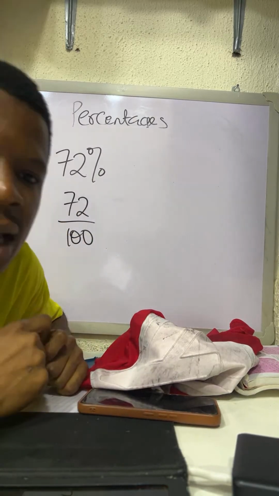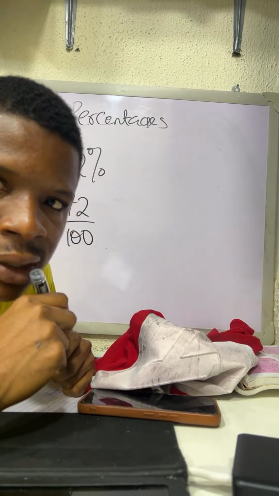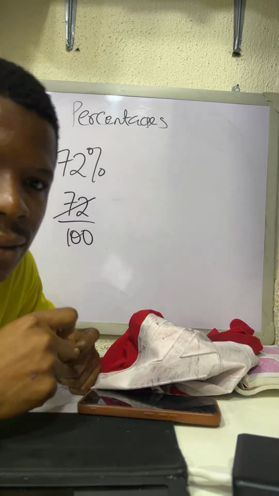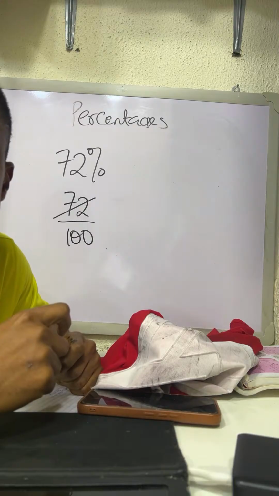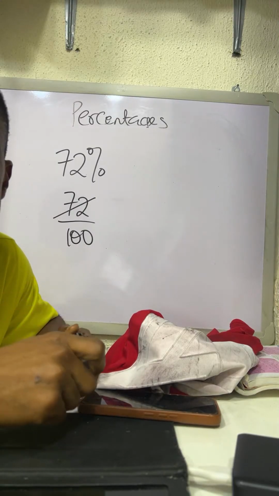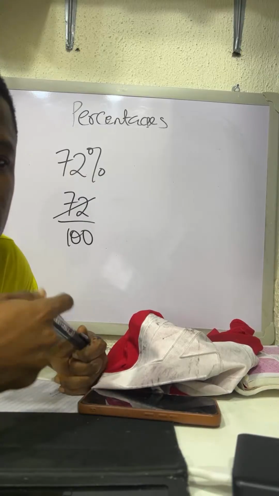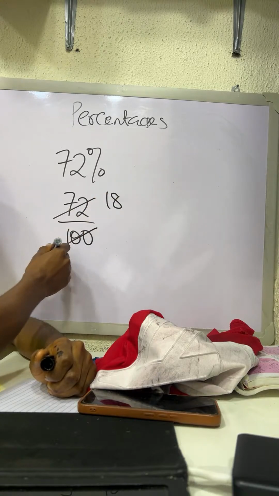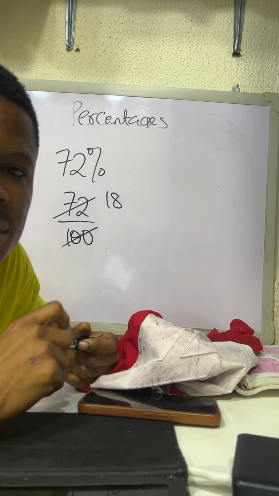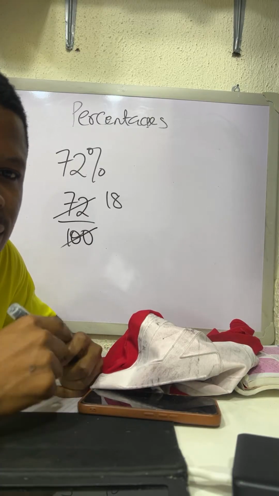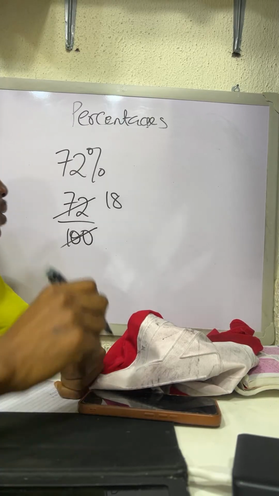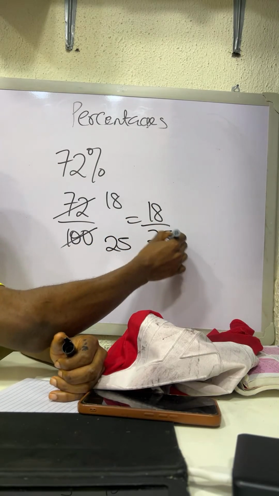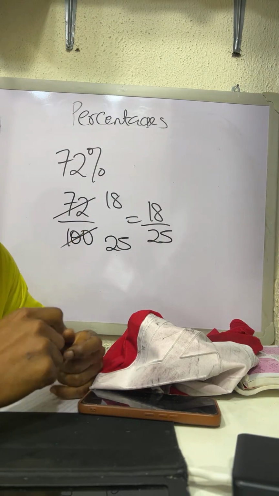When you write it as 72 over 100, it is very easy. Dividing 72 by 4 gives you 18. Dividing 100 by 4, you have 25. So the answer is 18 out of 25. So this is how we do that.